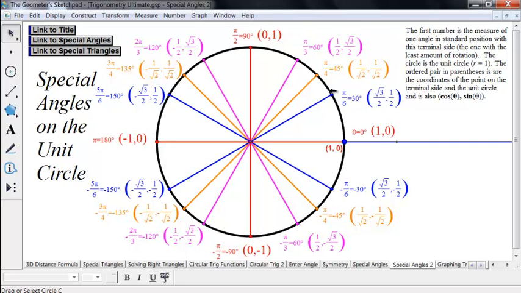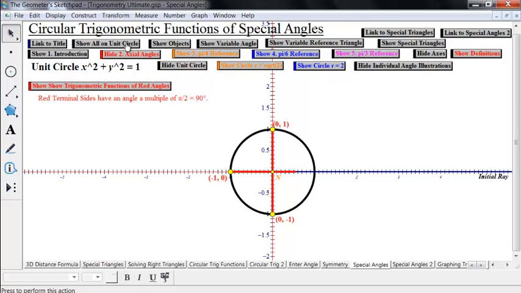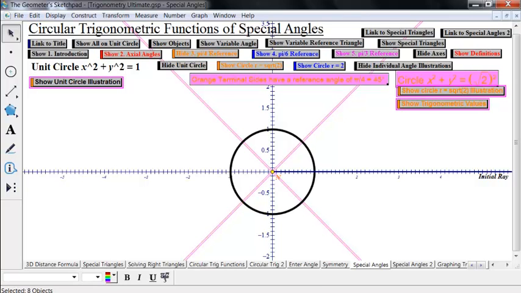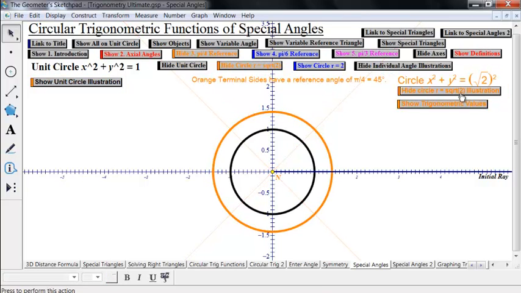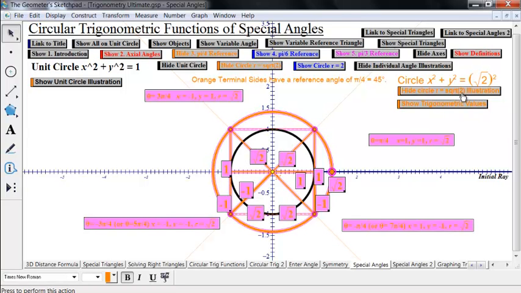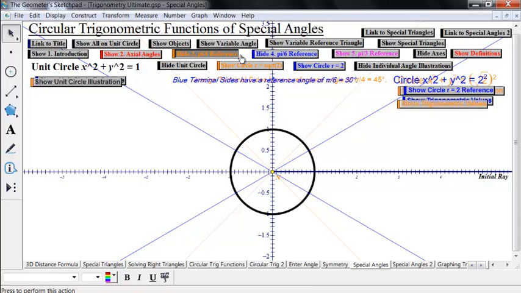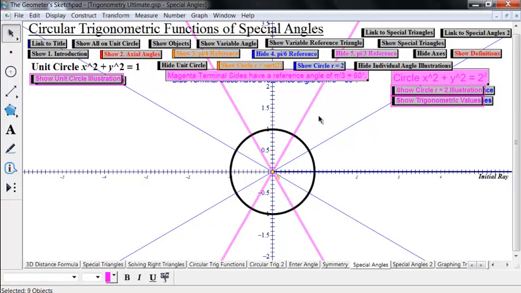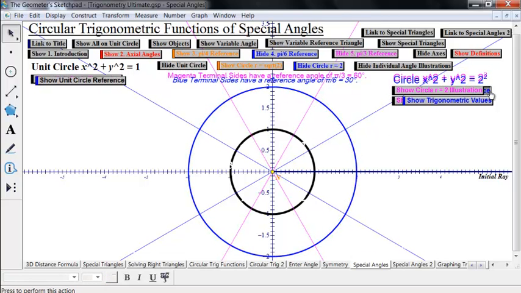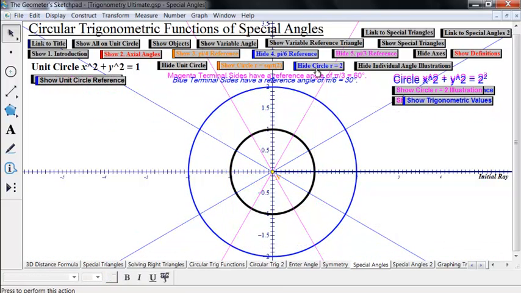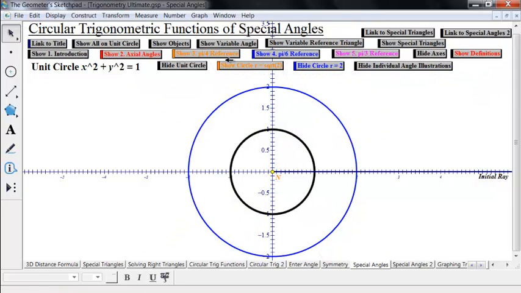But rather than trying to memorize all this, I still think it's best to just go back and remember what it is that we're looking at in terms of either the unit circle for the axial angles, a circle of radius square root of 2 for the ones where it's pi over 4, or for pi over 6 or pi over 3, putting those inside of a circle of radius 2. Okay, so either one of those we get that way.